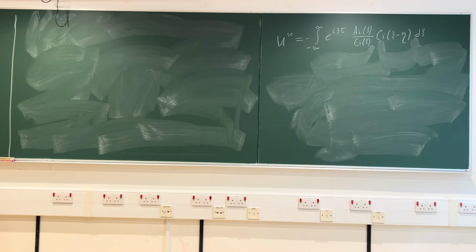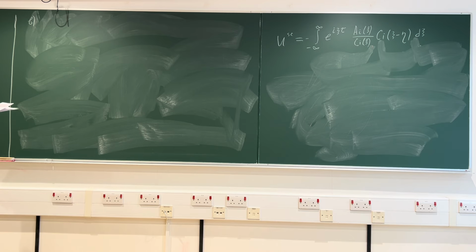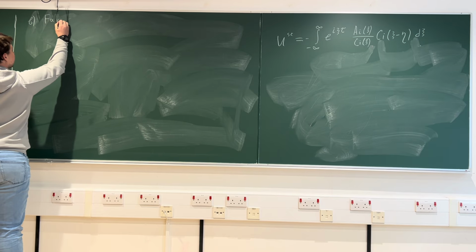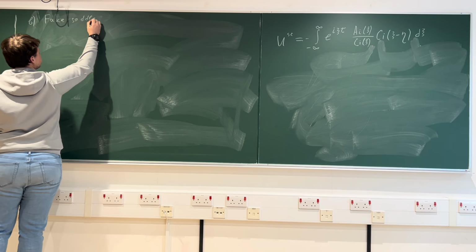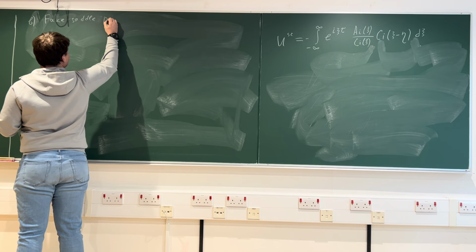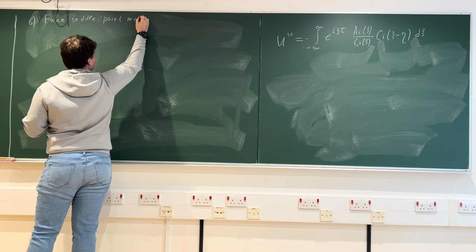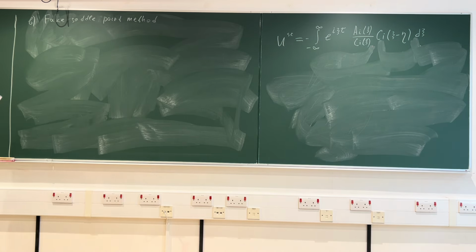Since we are not very well mathematically educated, this will be point B, the previous one was point A. We will use the so-called fake saddle point method. It's fake.